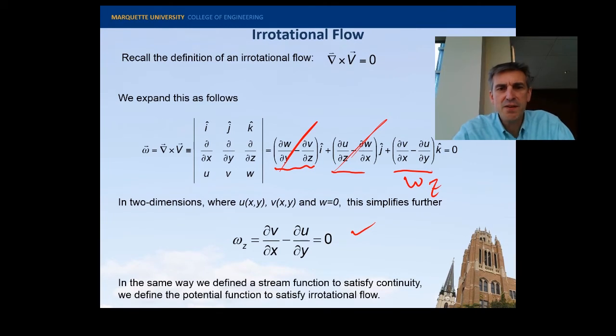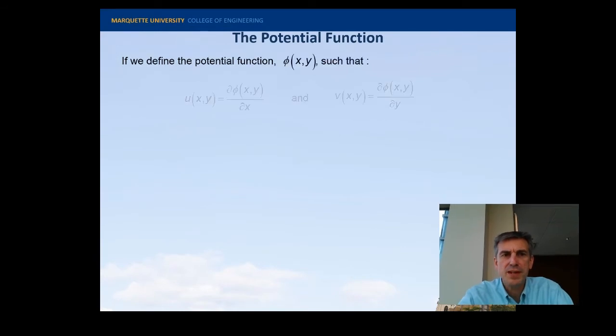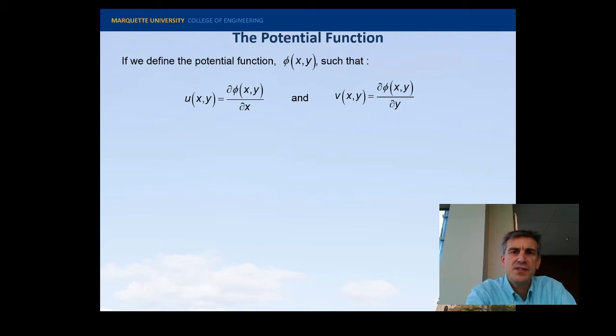So in the same way that we define the stream function as exactly satisfying continuity, we can define the potential function as something that exactly satisfies this relationship here. So let's define the potential function, phi, such that the scalar velocity u is equal to the gradient of phi with respect to x, and the scalar velocity v is equal to the gradient of phi with respect to y.